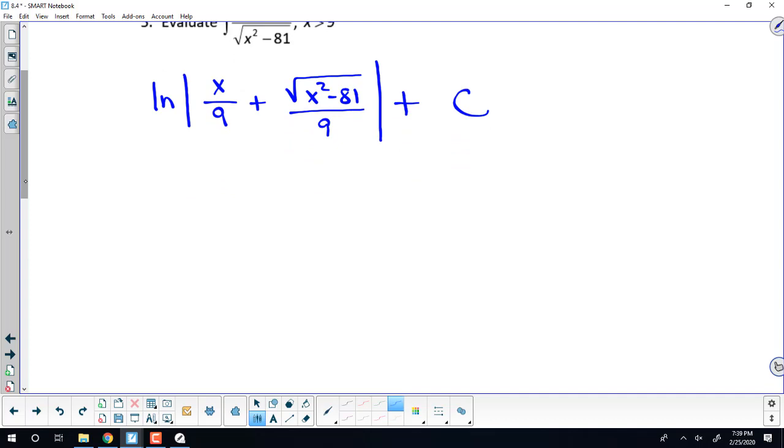Or doing the same sort of algebraic trick, we can say that's the natural log absolute value of x plus the square root of x squared minus 81, where the natural log of 9 gets absorbed with this constant here. So I'll just kind of be sloppy, but either way, one or the other is what you should get.